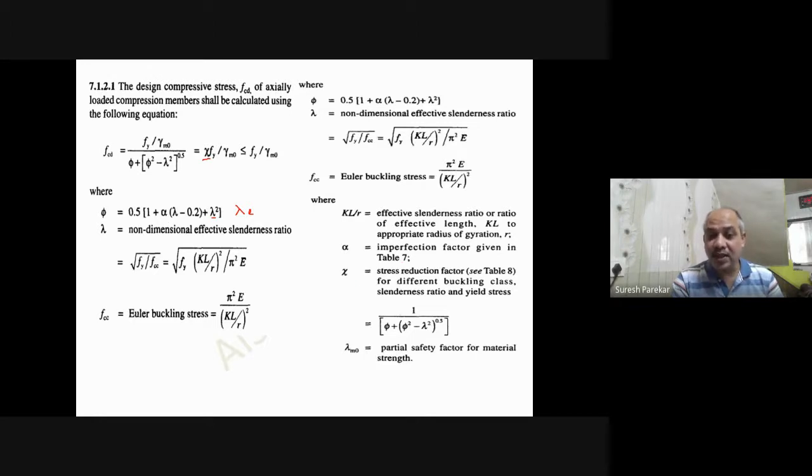So the stress reduction factor is 1 upon phi plus root of phi square minus lambda square, to the power 0.5. We can calculate this using this formula, and by this stress reduction factor we can directly calculate the FCD value. And instead of calculating this X by this formula, we can use table 8 ABCD, and by that also we can get the value of FCD.